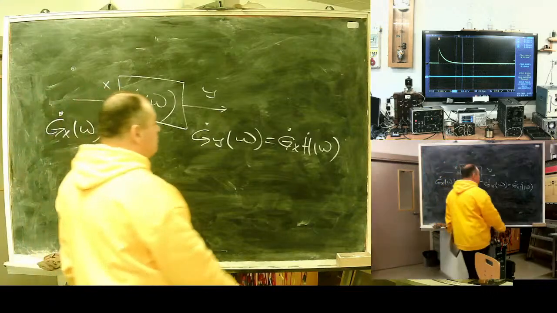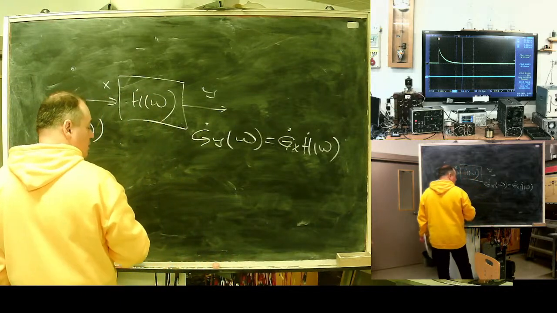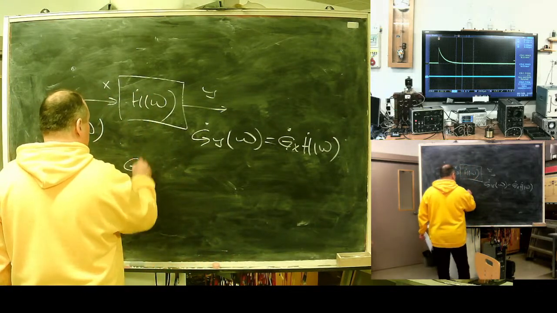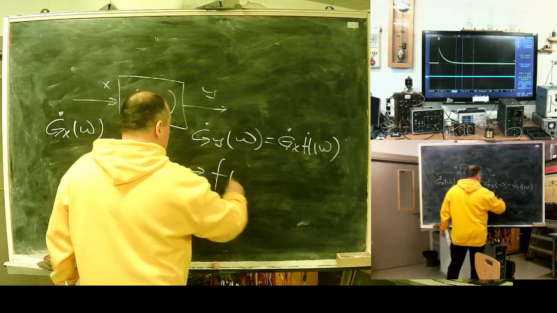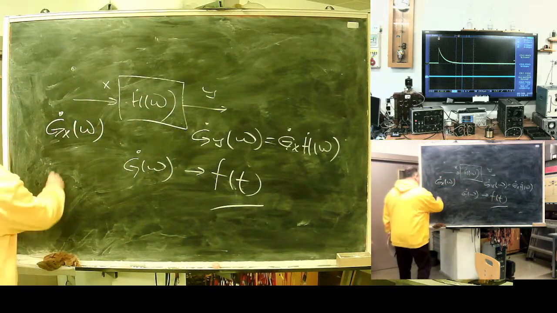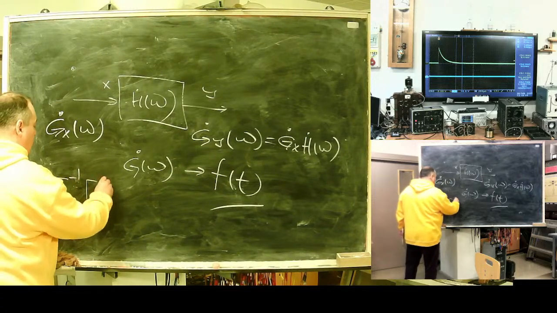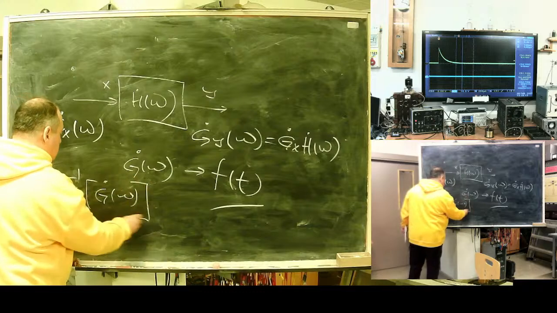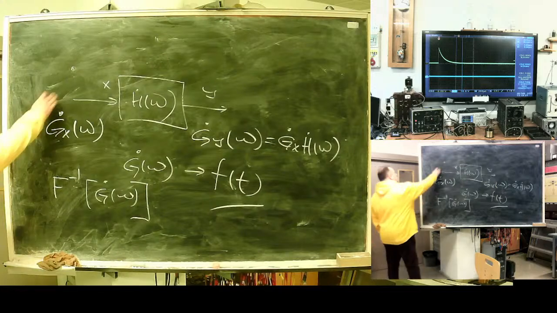I have one problem. I need to convert the spectral function into a time function. I need an inverse Fourier transform. The result of analysis will be an imaginary spectral function.